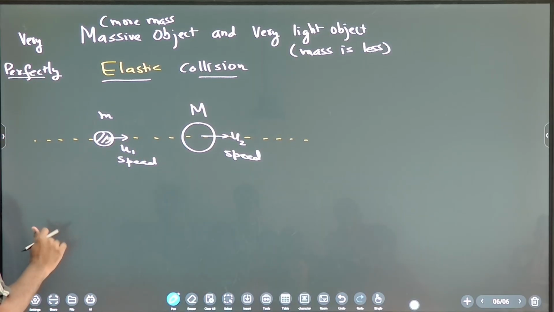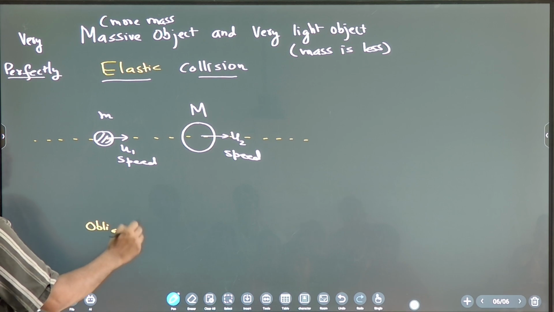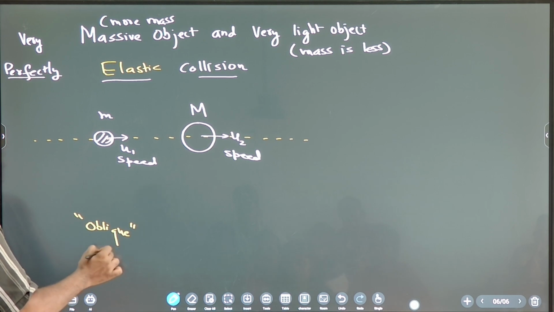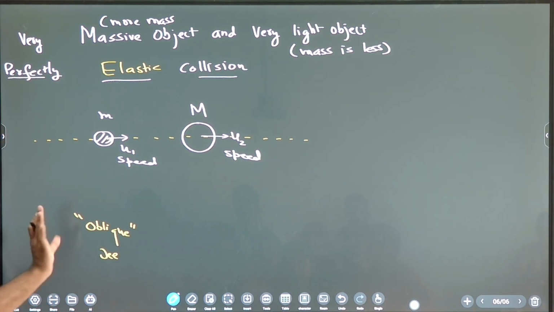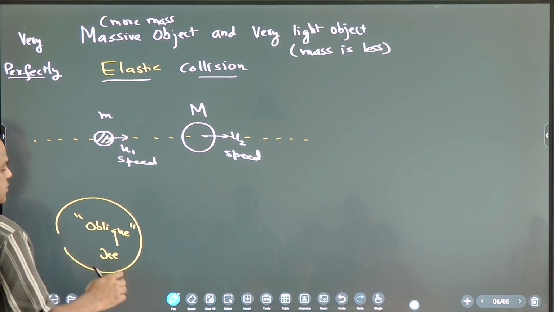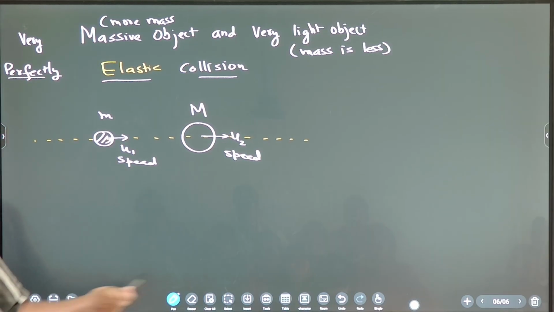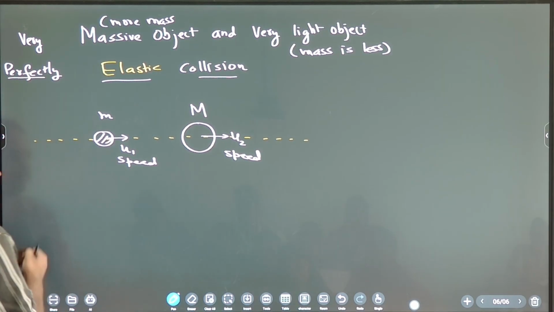Oblique collision in NEET is very rare. They do ask it, but we will do it later; it is more towards JEE. Mostly NEET asks head-on collision.